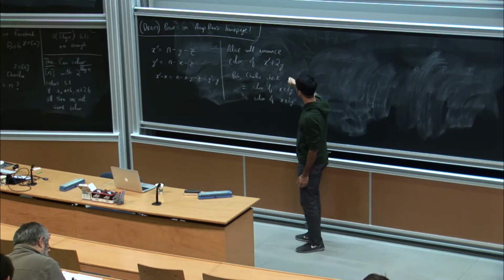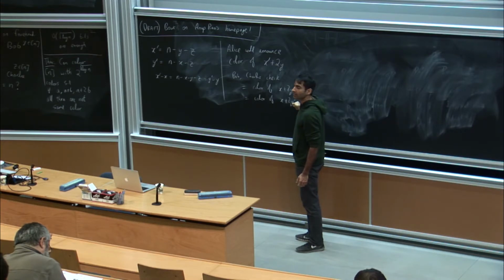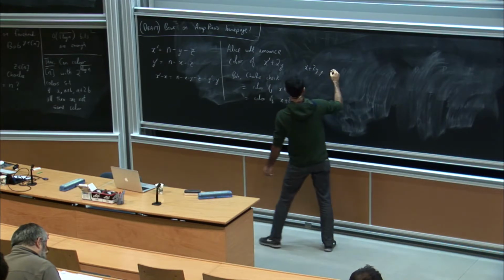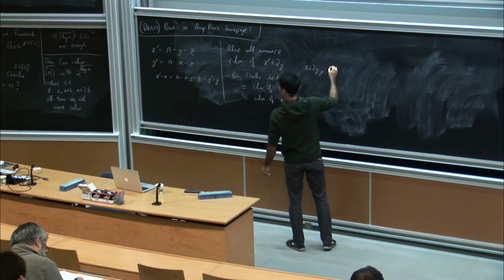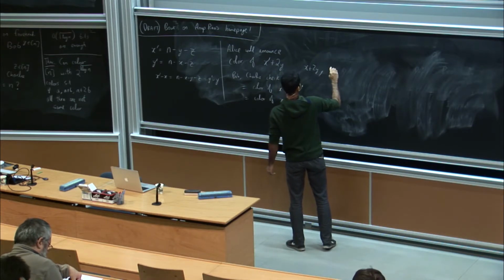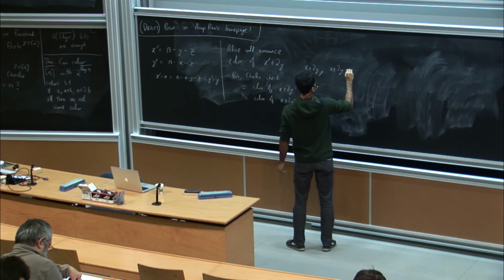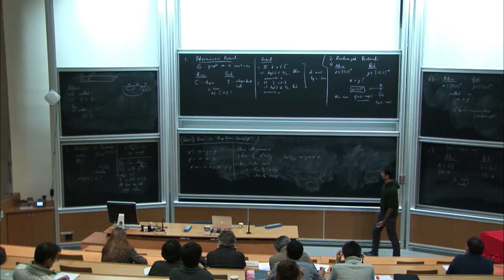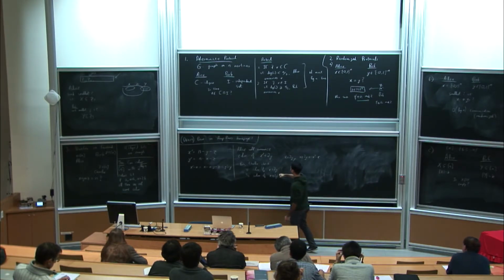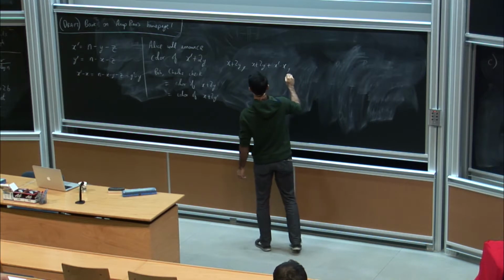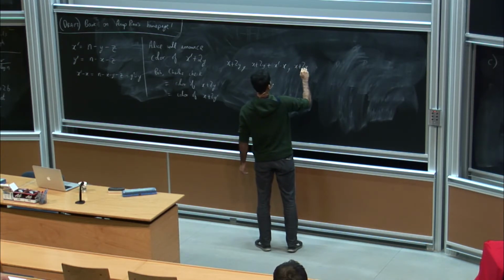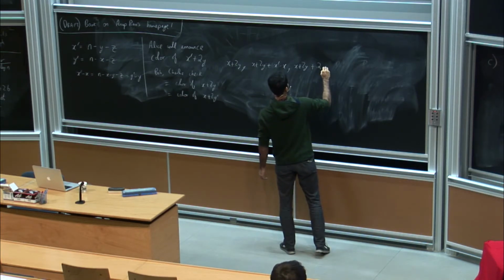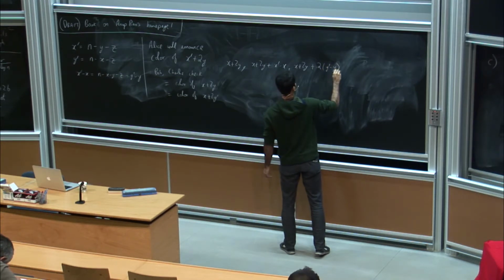Now in the other case, if this is non-zero, then I claim that these three numbers form an arithmetic progression. Indeed, you can write: the first term is x plus 2y, the second term in the progression is x plus 2y plus x prime minus x, that's x prime plus 2y, and the third term is x plus 2y plus 2 times y prime minus y.